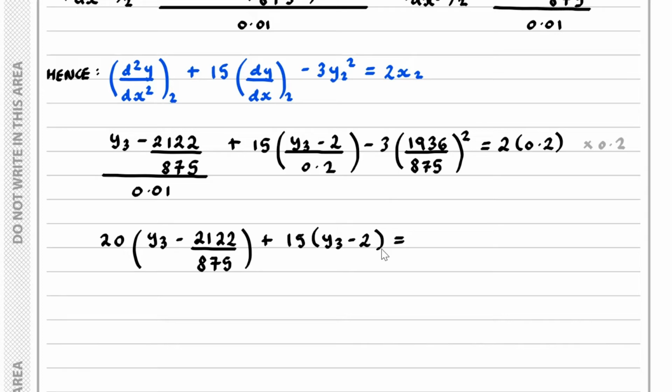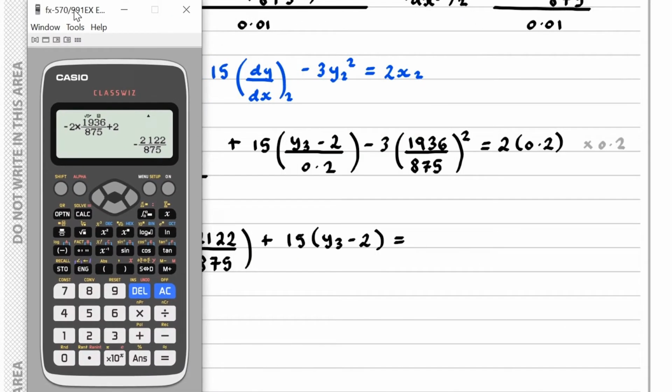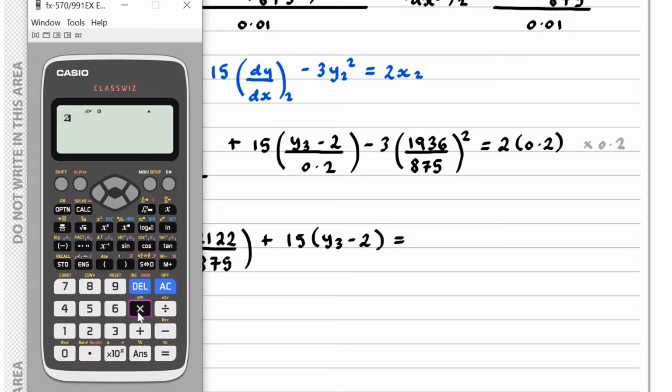This will equal, well, here we've got 2 times by 0.2 plus 3 lots of 1936 over 875 squared multiplied by 0.2.